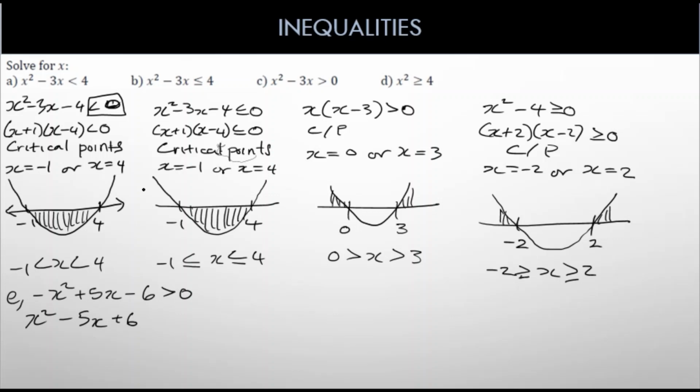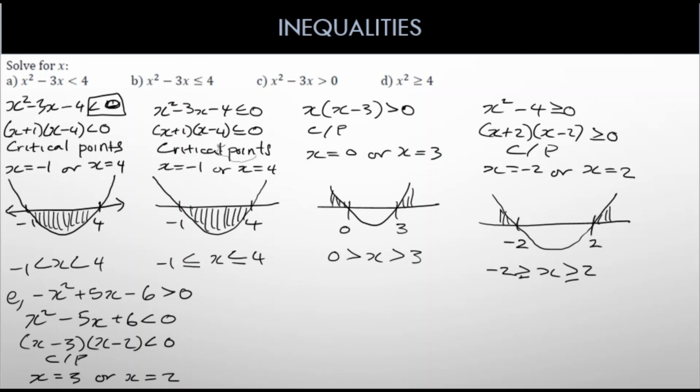Now if you divide an inequality by a negative, the inequality is going to flip, so if this is greater than, it's going to flip and become less than, and then we factorize: x minus 3, x minus 2 is less than 0, and then our critical points are x is equal to 3 or x is equal to 2.